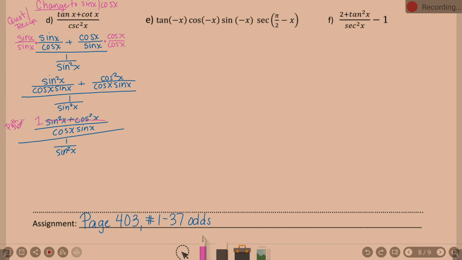So I'm going to keep my top fraction, which is now 1 over cosine x sine x, yes? You guys good with that? It was divided. I'm going to multiply by the flip. I'm going to reciprocal. And what's my flip? Sine squared x over 1.